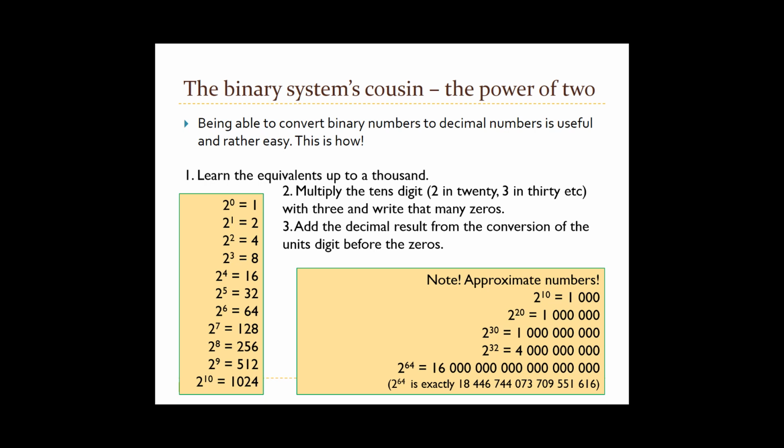So plus minus 2 billion. 2 to the power of 64 is a lot bigger. It's actually 2 to the power of 32 times 2 to the power of 32. So 4 billion times 4 billion is 2 to the power of 64. So 2 to the power of 64, it's not twice as much or so as 2 to the power of 32.